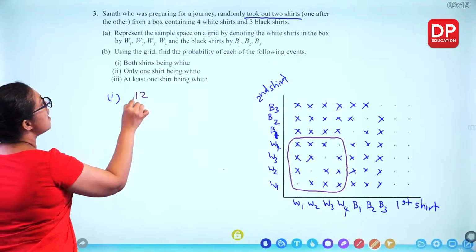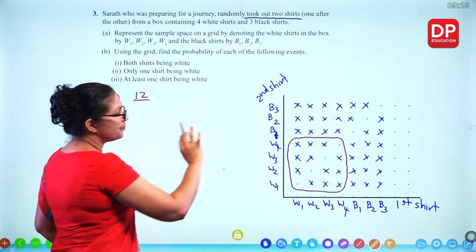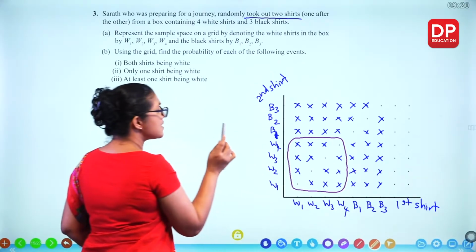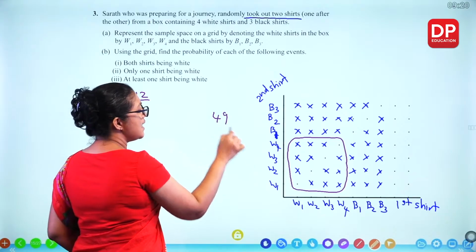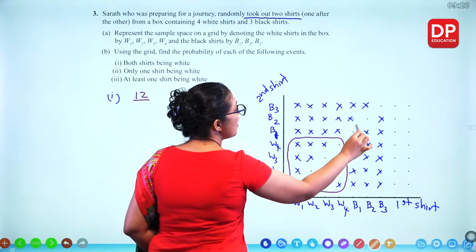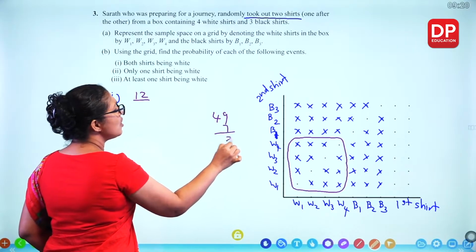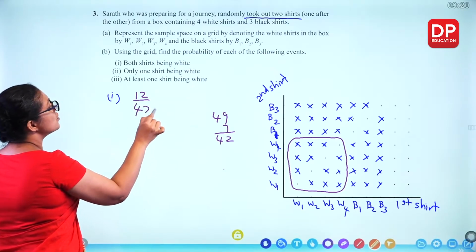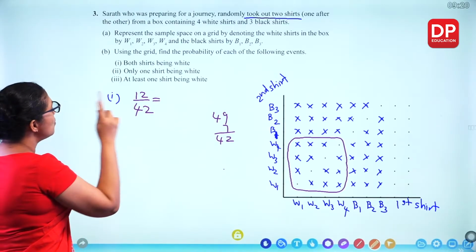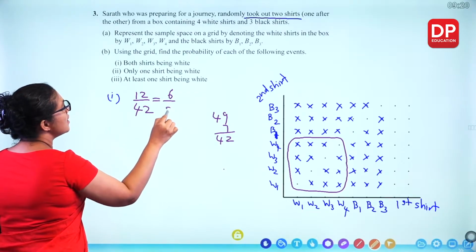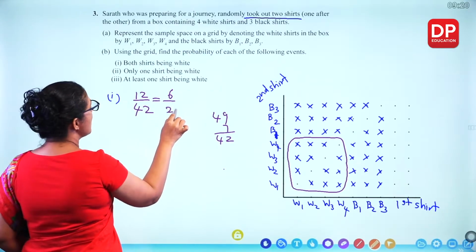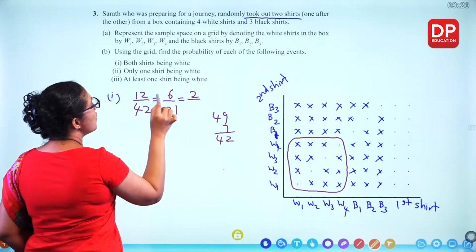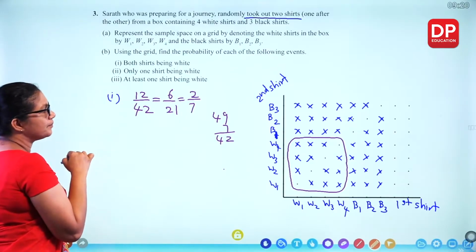So 12 out of how many altogether? 7 times 7, 49 minus 7. Altogether 42 elements are there. So 12 over 42. You can divide by 2, 6 over 21. You can divide by 3, 2 over 7.